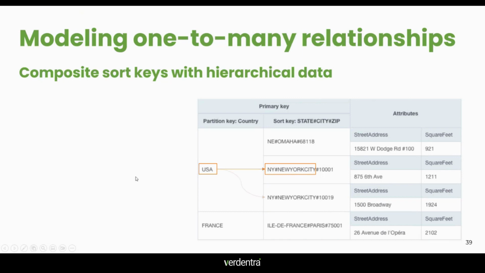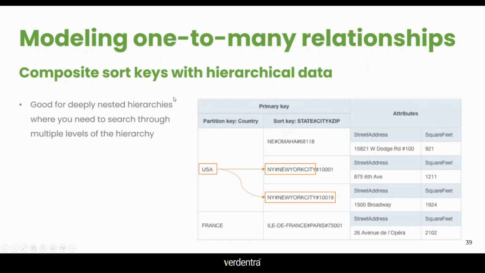But if you want to be more granular and go up to the zip code, we can do that as well. Since you have a hierarchy, you can compare part of it and get your desired items. So this is good for deeply nested hierarchies where you have to search through multiple levels to get your items.